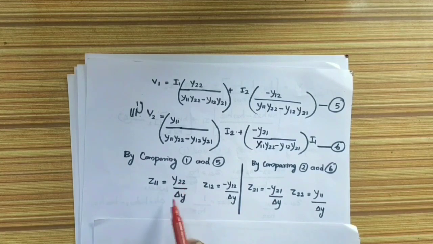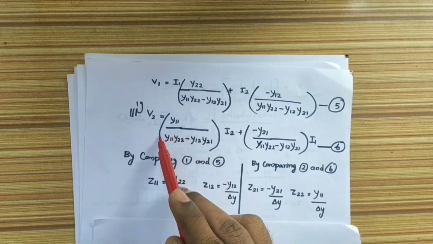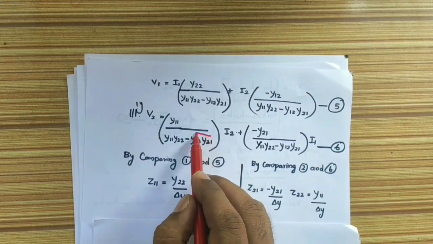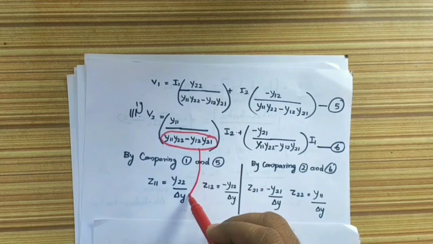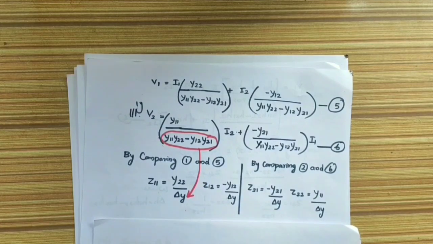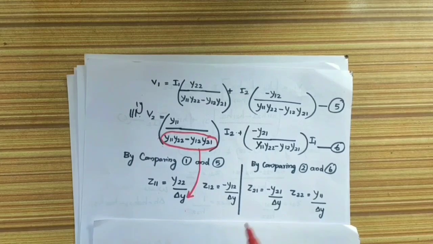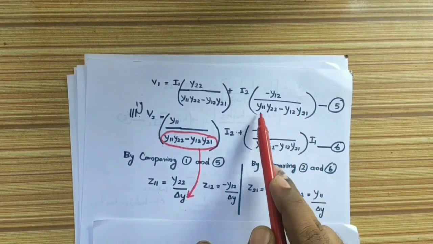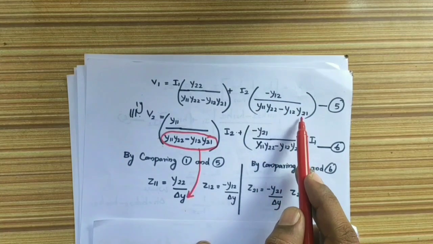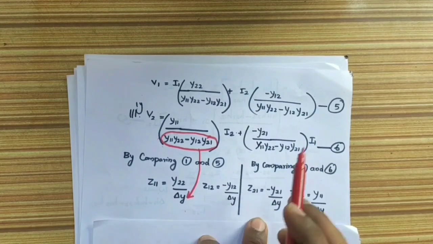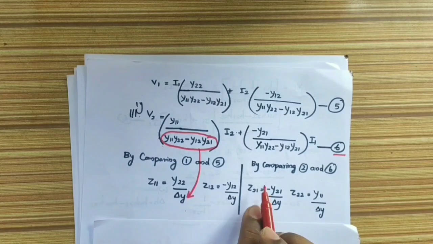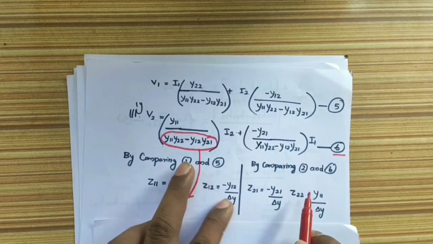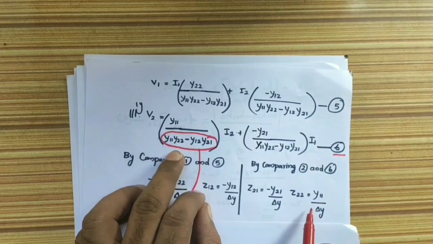Z11 equal to Y22 divided by del Y, taking the whole denominator as del Y. Z12 equal to minus Y12 divided by Y11 Y22 minus Y12 Y21, that is del Y. Similarly, comparing equation number 6 with equation number 2, Z21 equal to minus Y21 divided by del Y, and Z22 equal to Y11 divided by del Y.